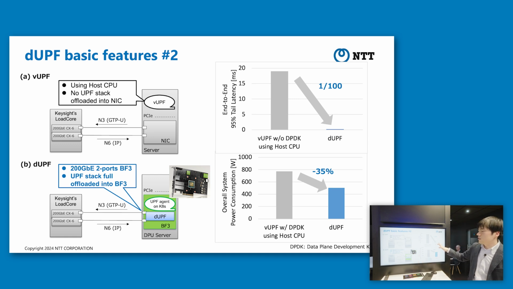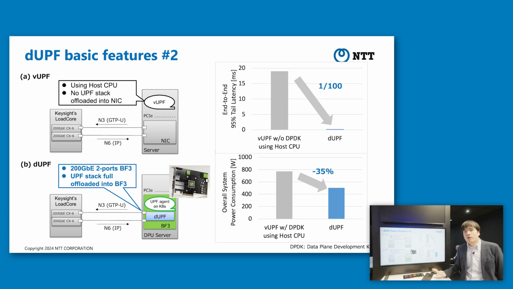So you can see the significant reduction in end-to-end 95% tail latency. In this case, BUPF did not use DPDK, so the interruptions by the OS were a major factor for the delay increase. But the DUPF has no such effect.